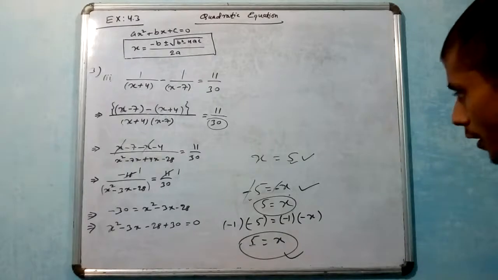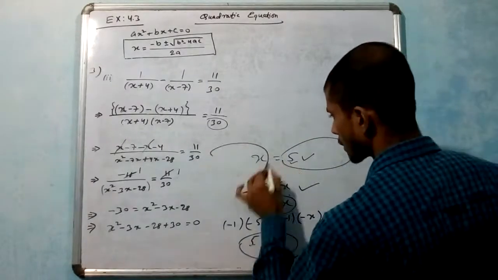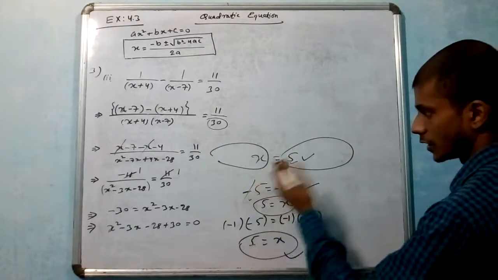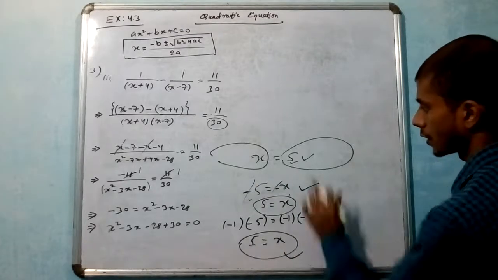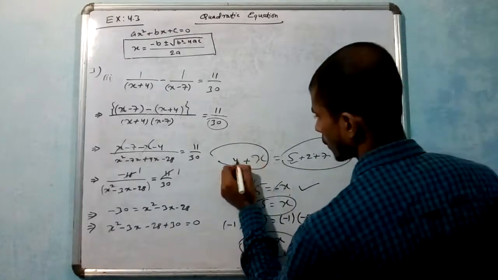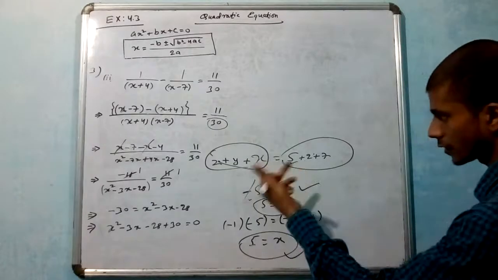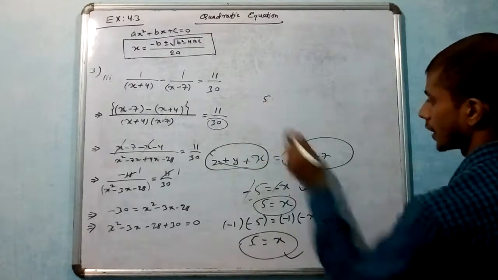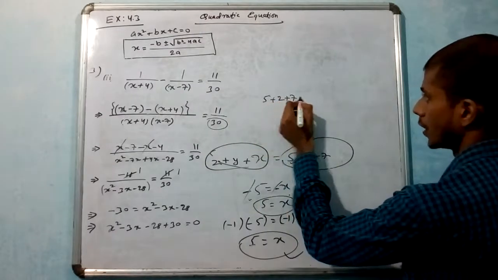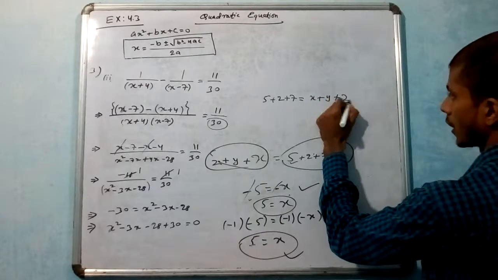What I am telling is that if the whole of the RHS and whole of the LHS are changing sides, then no sign change will be there. We can write everything. If suppose it is 5 plus 2 plus 7, and if it is x plus y plus z, nothing to worry. If I want to change everything at one time, I can write the complete RHS as LHS, 5 plus 2 plus 7 is equal to x plus y plus z, without any sign change.